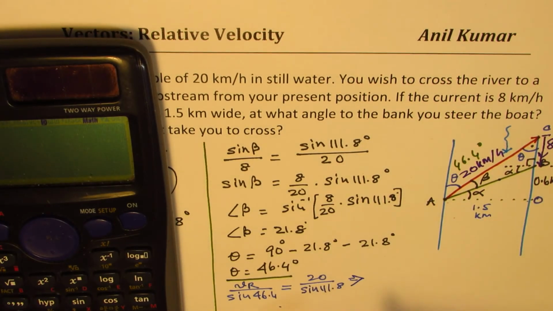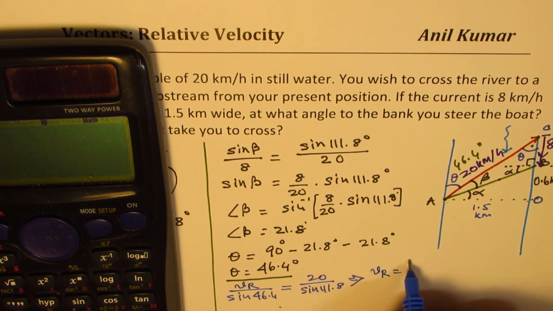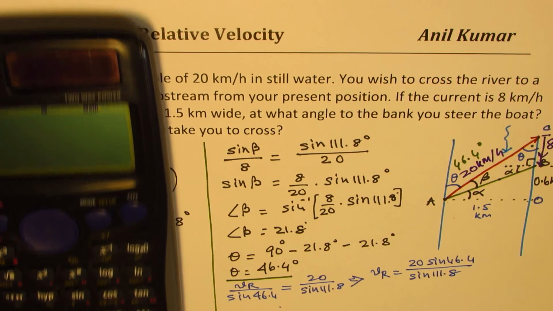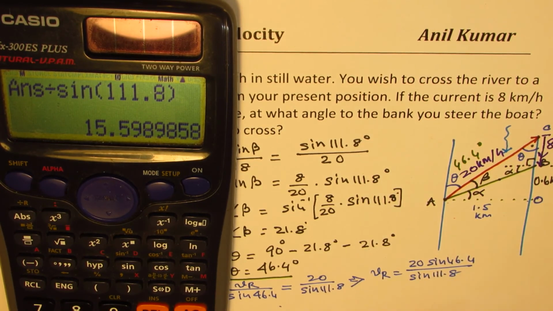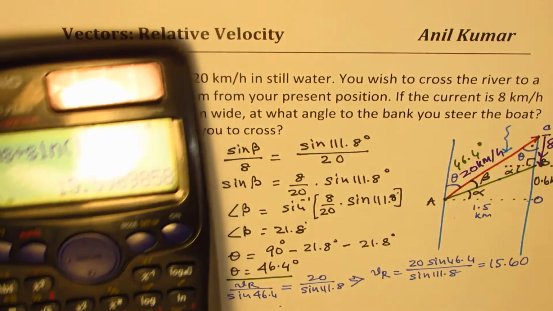So from here, we know VR will be equal to 20 times sine of 46.4 divided by sine of 111.8, right? So it is equal to 15.598, let's say 15.60. So that is the resultant velocity, 15.60.